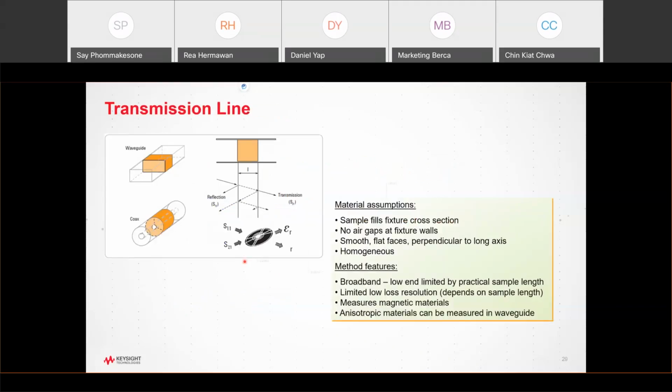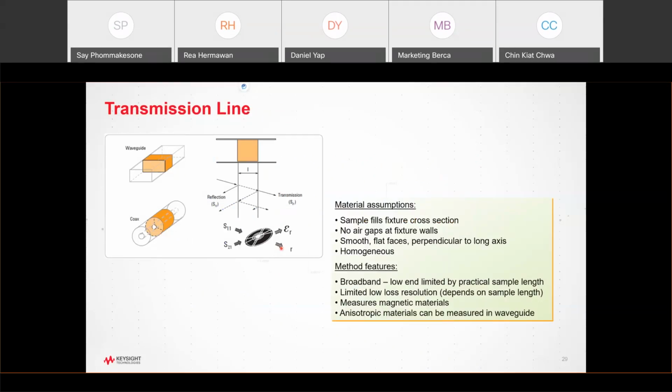Next one is the transmission line method. The transmission line method requires using a network analyzer, which provides the S parameters. If you're not familiar with S parameters, don't worry about it; basically we need to know the actual characteristics of your device.